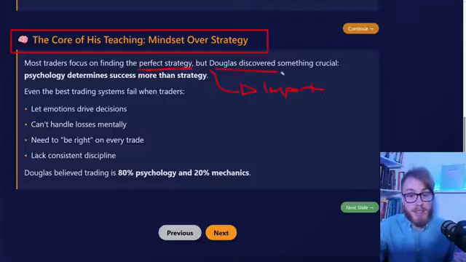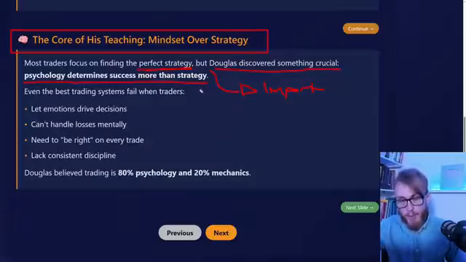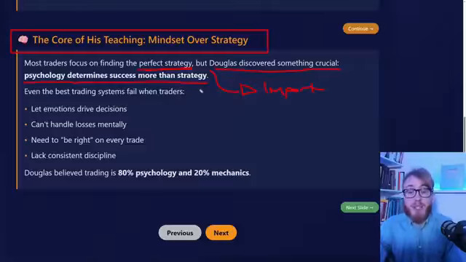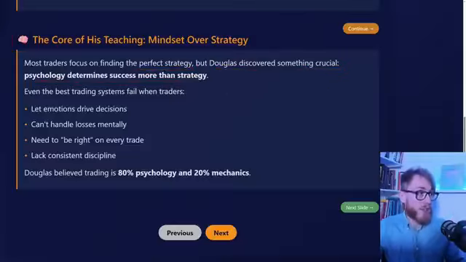But what Douglas discovered was something very critical, that psychology determines success more than strategy, or at least this is what Mark Douglas said. I wouldn't say that psychology is more important, but I definitely agree that it's very important. So here, Douglas and I have a little bit of a different view, but nonetheless, trading psychology is very important.